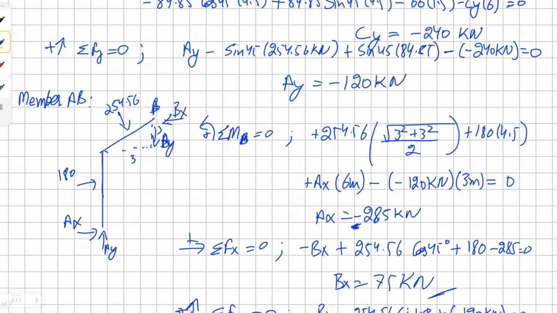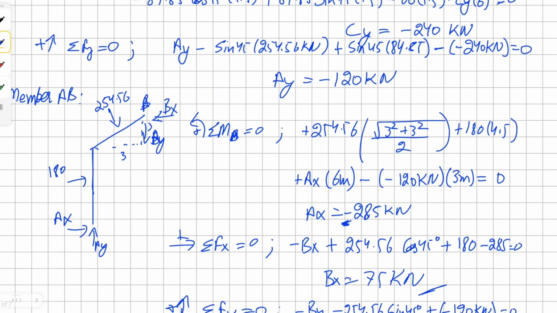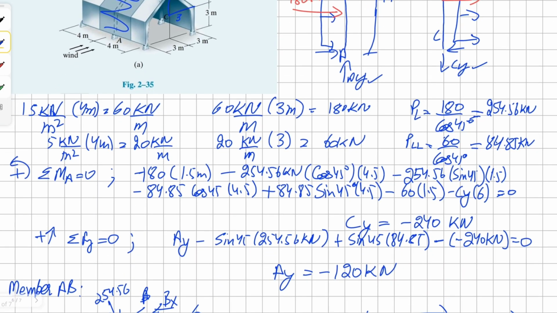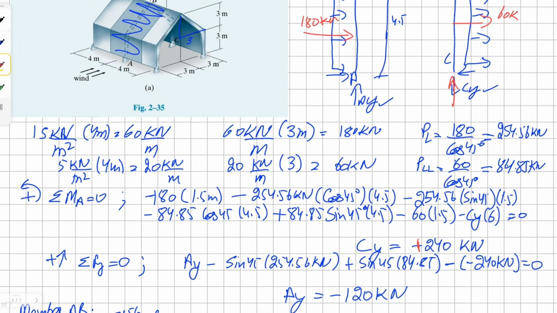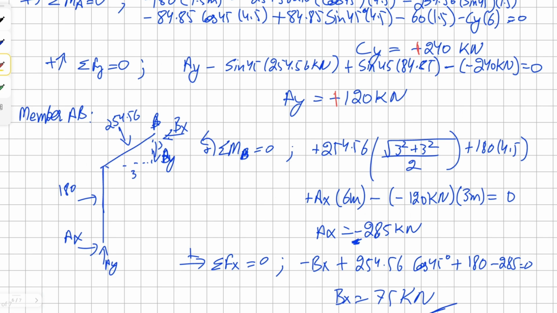All right, so now we can go back. We got the answers and they are correct, but if we want to make our reaction forces look even better on our free body diagram, we can go back and change the directions of the vectors. So for our CY, the direction will change, and then this will become positive. Same thing for our AY, the direction will change and the value of AY will change to positive as well.